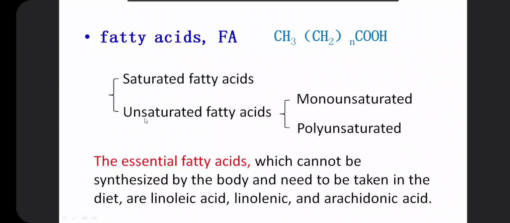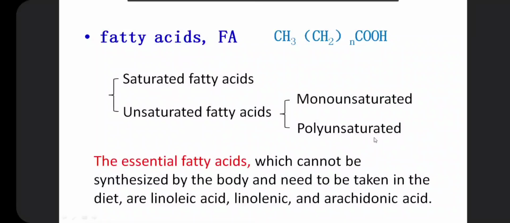These unsaturated fatty acids can be divided into monounsaturated fatty acids and polyunsaturated fatty acids, which depends on the number of double bonds in the fatty acid chain. The monounsaturated fatty acids have only one double bond and are found mainly in olive oil and rapeseed oil.